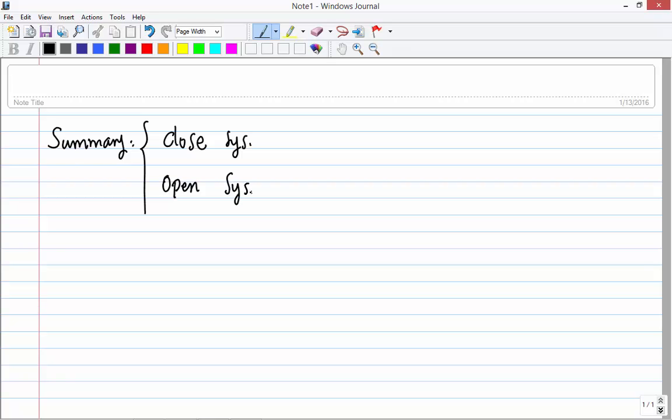If I draw the typical figure for these two systems, I would have the closed system on the left side, and on the other side I have an open system. So this system would look like that.